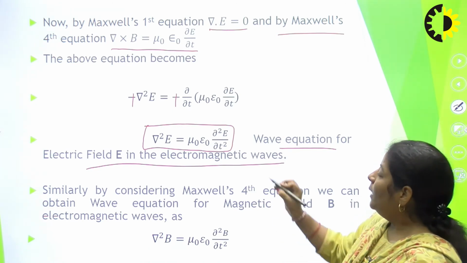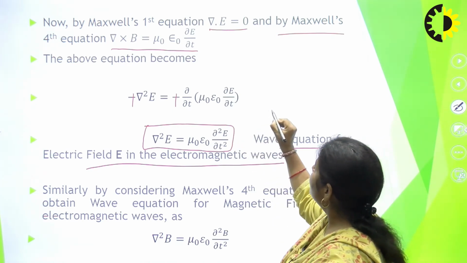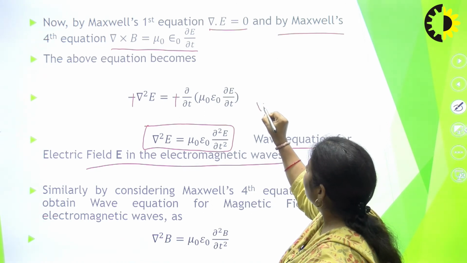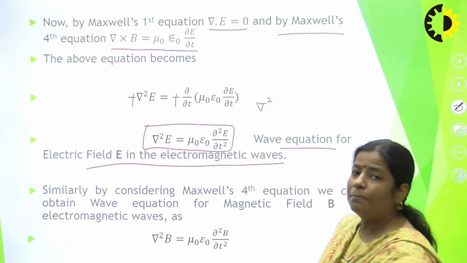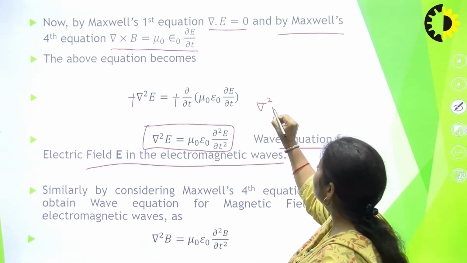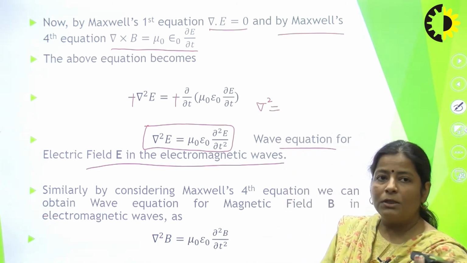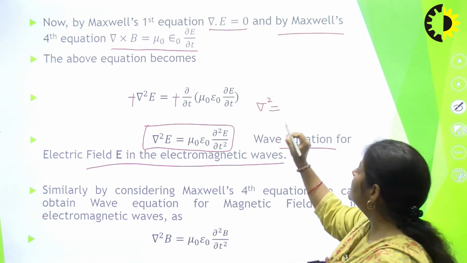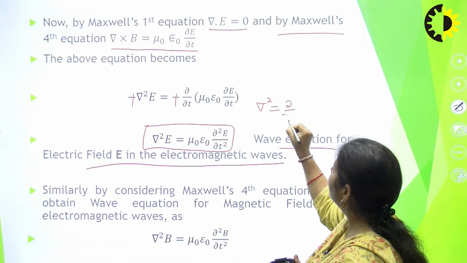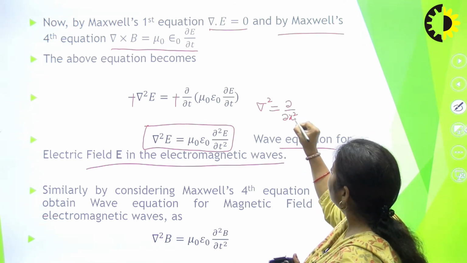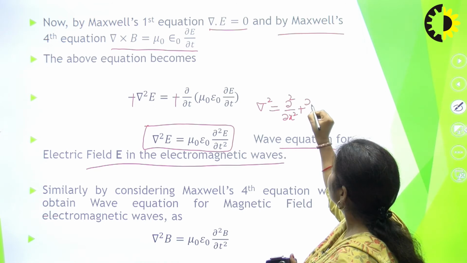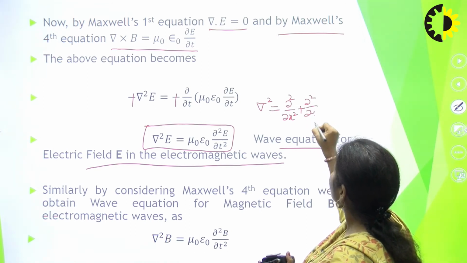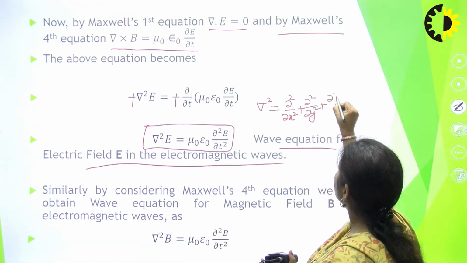And I would like to explain the del squared part here. There is nothing confusing about this del squared, because it is an operator, and this operator has this value.